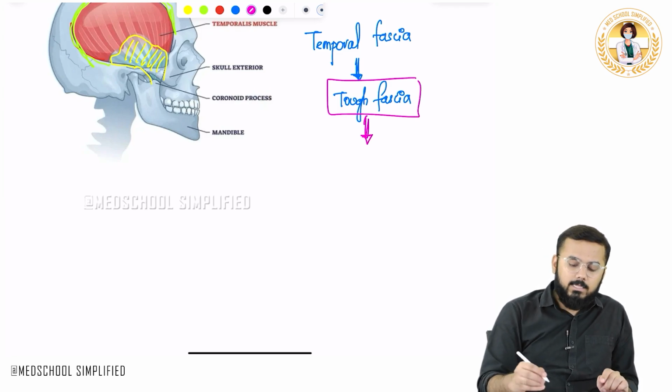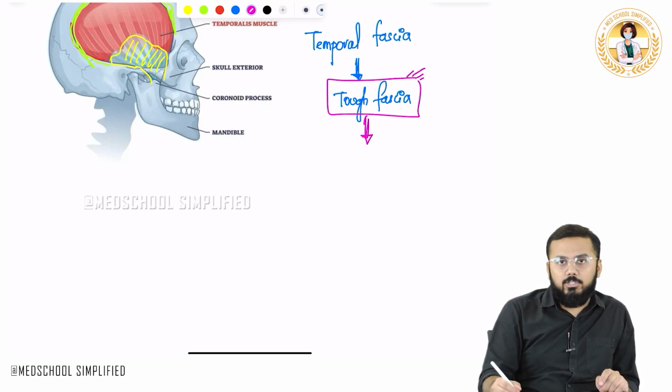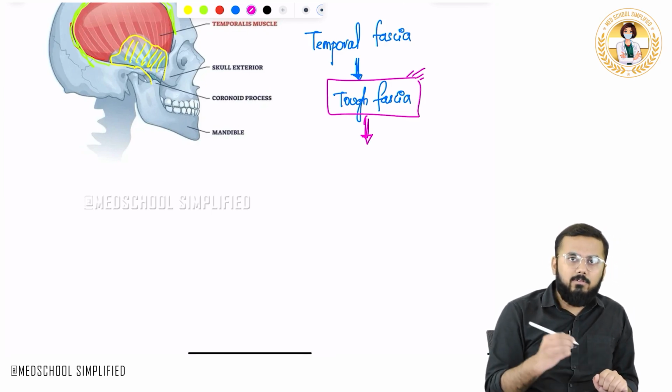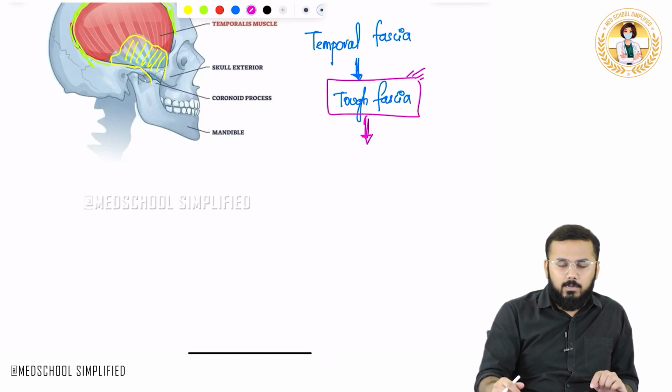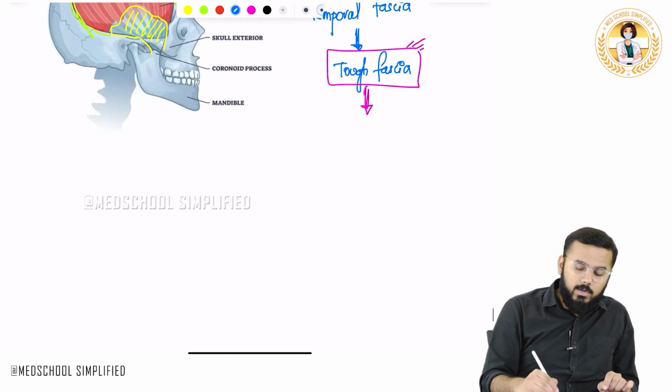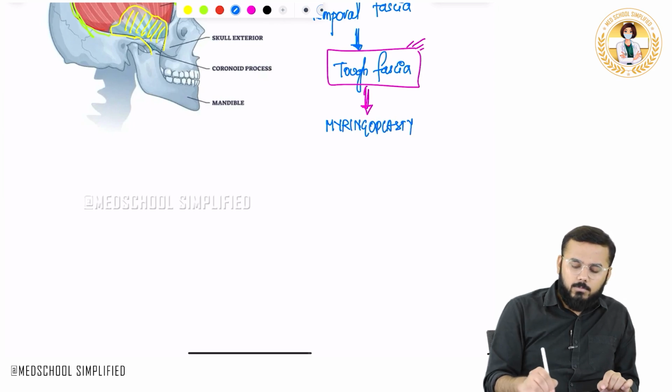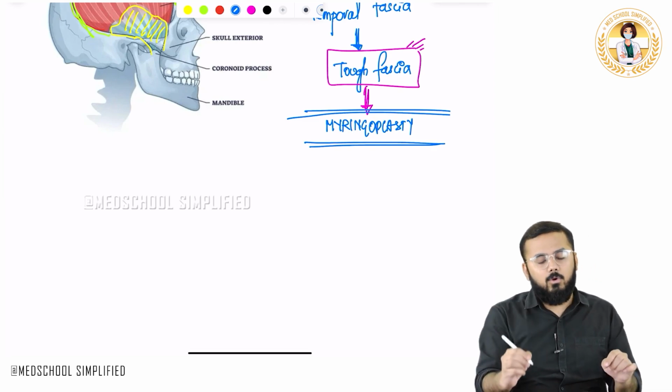Why? The reason is that this fascia is a tough fascia. So we remove just a part of it. We harvest a part of it and put it as a tympanic membrane. That surgery you call myringoplasty.